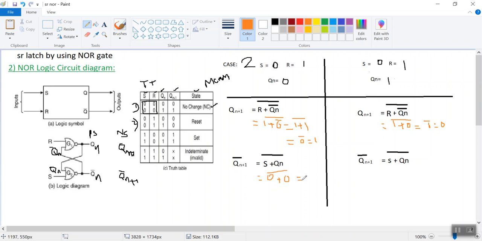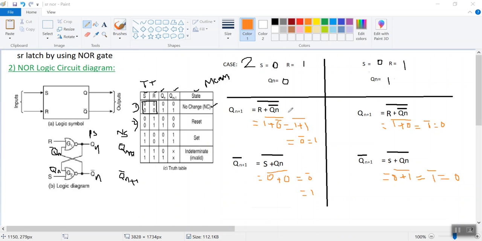So 0 plus 0 is 0, 0 complement is equal to 1, you are getting your resultant as 1. In this case, S is equal to 0 and Qn value is equal to 1 and whole complement. 1 plus 0 is equal to 1 and 1 complement is equal to 0.